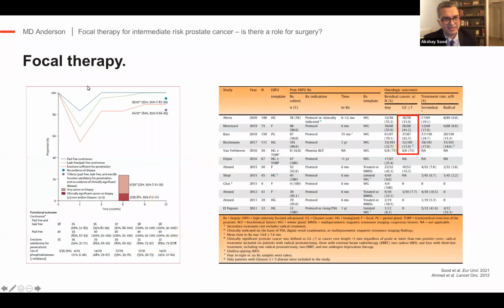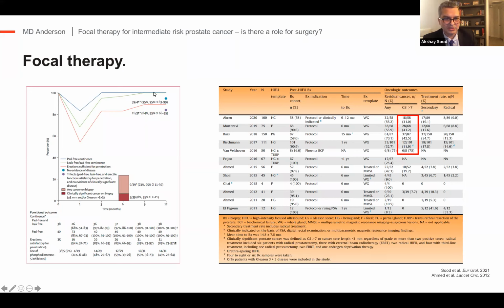So on the left side is one of the classic papers by Dr. Ahmed et al., published in Lancet Oncology in, I think, 2012, where, based on this index lesion hypothesis, they performed focal HIFU in 41 patients. What you can see on these curves are functional curves, erectile functional recovery and urinary continence recovery.